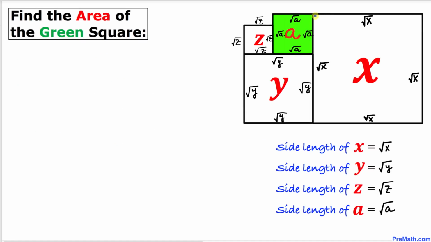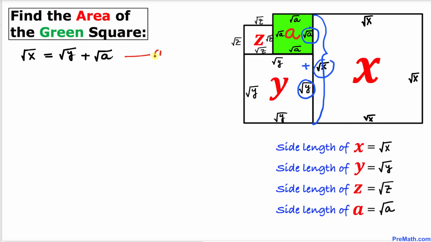And here's our next step. Let's focus on this side length, which is square root of x, and that is equal to the sum of this individual side length plus this individual side length. We are going to add them up. So I can write square root of x equals square root of y plus square root of a. Let me call this equation number 1.